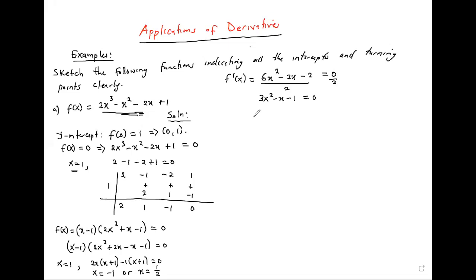So we can use the formula here. This is going to be 1 plus or minus the root of 1 plus 12 over 6. So we get 1 plus or minus root 13 over 6.